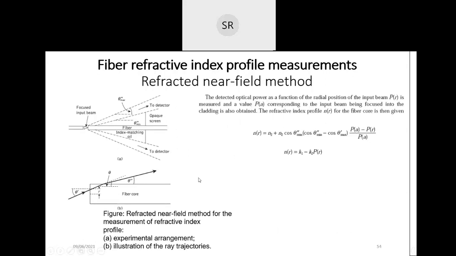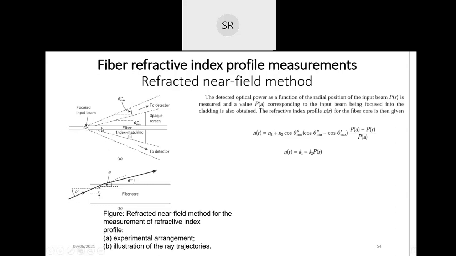This is near field scanning. Another one is refracted near field scanning. In refracted near field scanning, here a source is there. There is a light, and the light is focused inside the particular fiber.